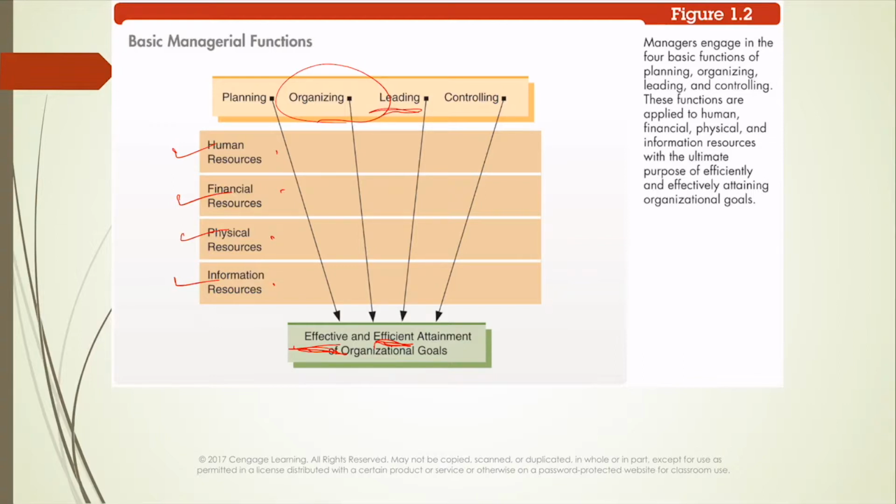It's better to do it then than to wait till you get to the end to realize, hey, we failed. So planning, organizing, leading, and controlling: these are the four functions of management, using human, financial, physical, and information resources so that you can be an effective and efficient manager and help the organization attain its goals.